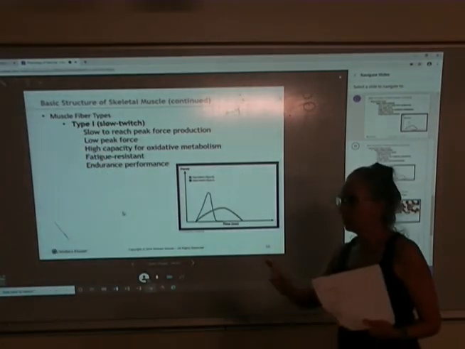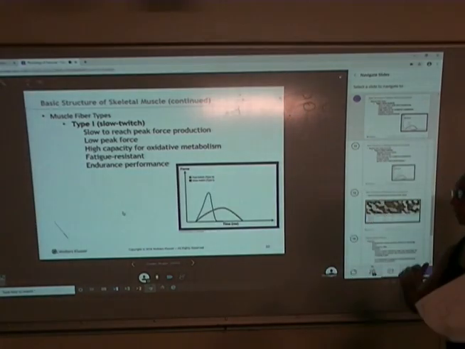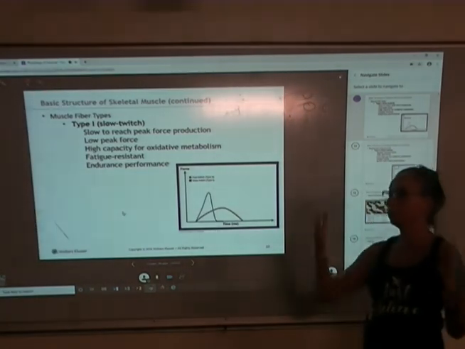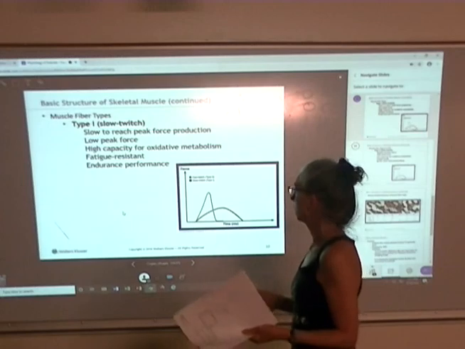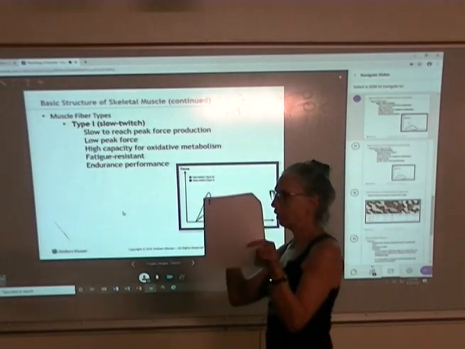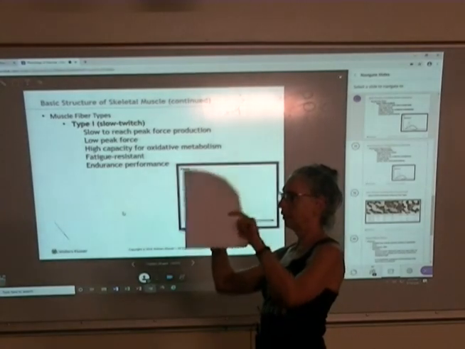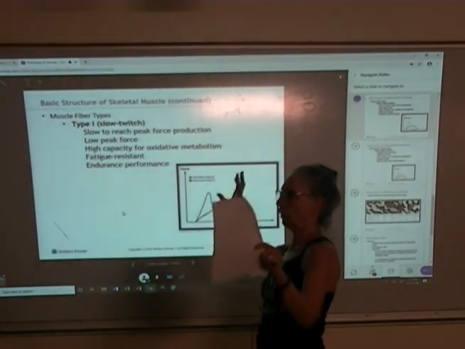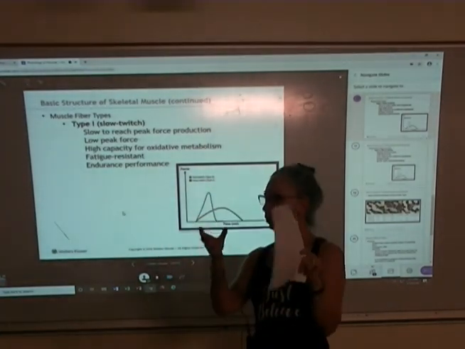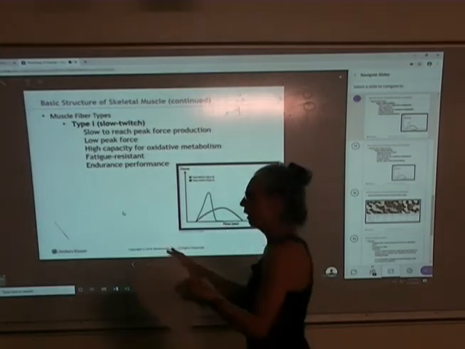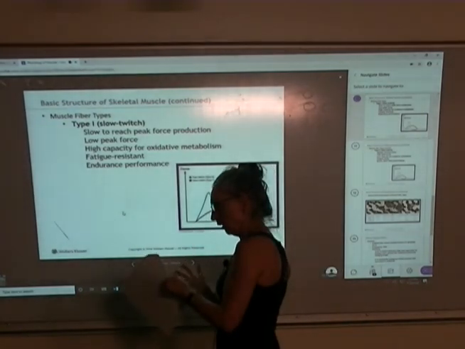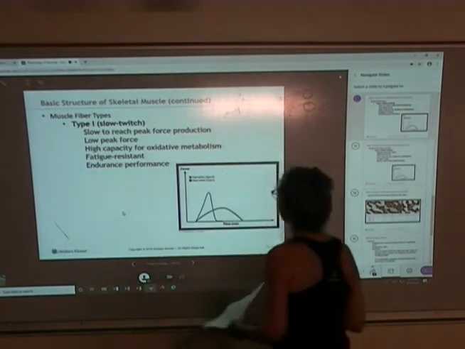So type 1s used to be called slow twitch. Type 2s used to be called fast twitch. And so the myosin ATPase dictates whether the fiber is a type 1 or a type 2. Is it slow myosin ATPase? Is it fast myosin ATPase? All right?